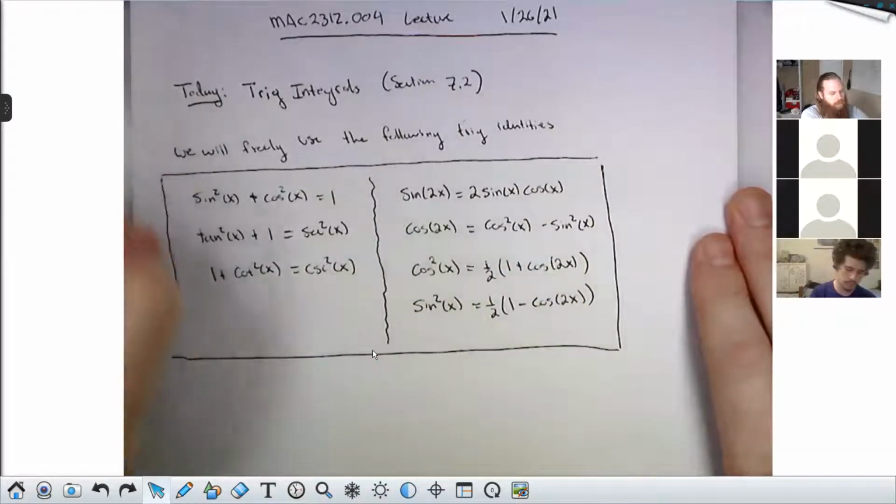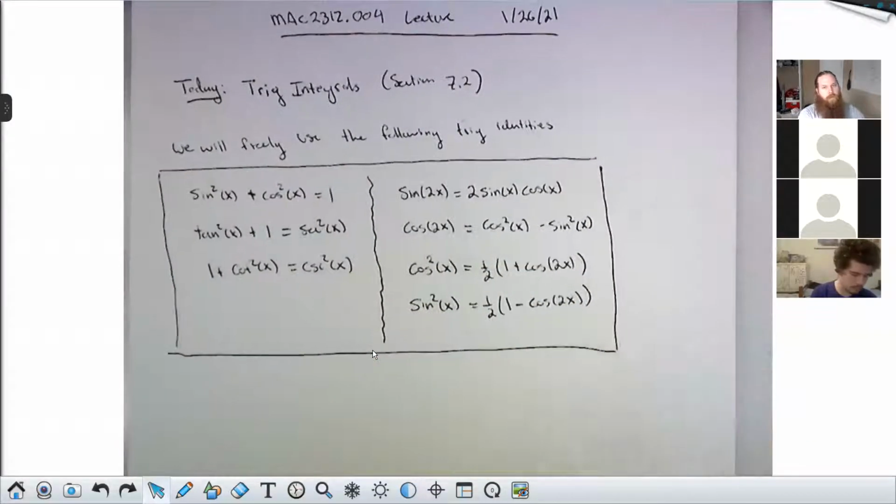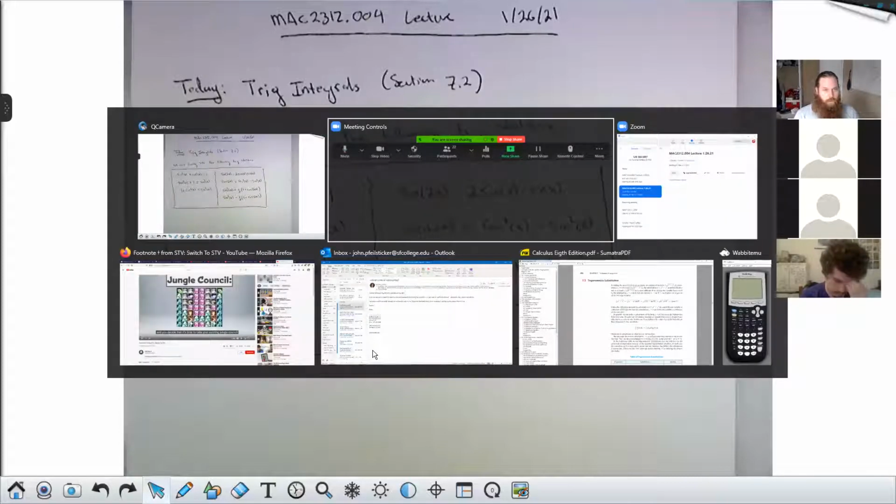In addition to this, of course, you need to know your unit circle and your derivatives of trig functions. I'm not even going to bother going over the unit circle or the derivatives of trig functions because I am assuming you are all rock solid with that. If that's not the case, time to bone up. I've got resources in the review module.